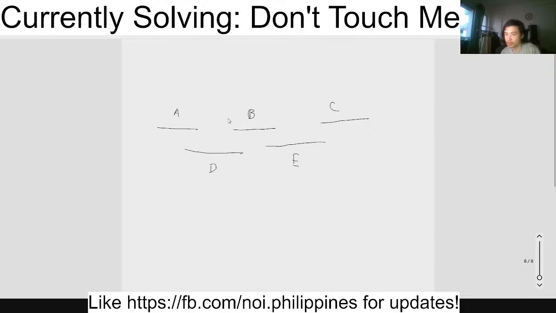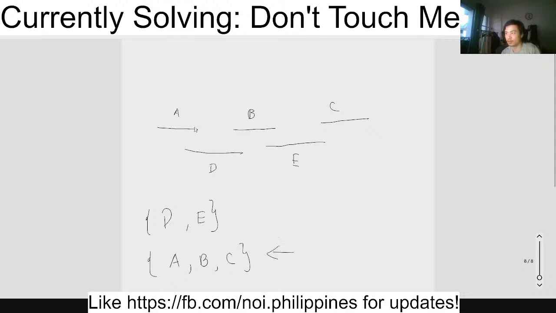So one possible solution is you let persons D and E borrow the book, but that's not the best solution. The better solution is you let 3 people, A, B, C, borrow the book. And the problem is, how do you figure this out?